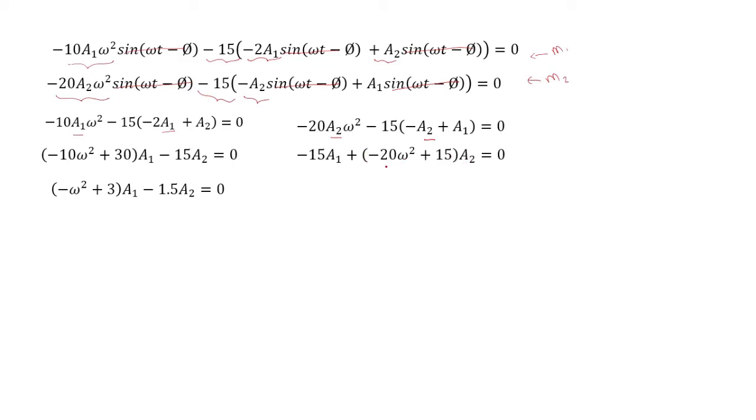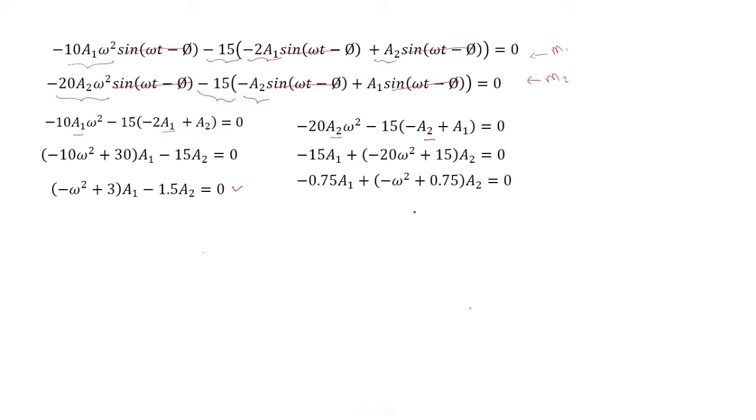Here also we have minus 20 as a coefficient of omega square. In order to get rid of this minus 20, we will divide this equation by minus 20. So you will get minus 0.75 a1 plus minus omega square plus 0.75, a2 is equal to 0.